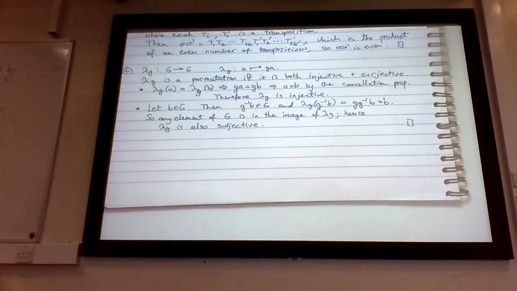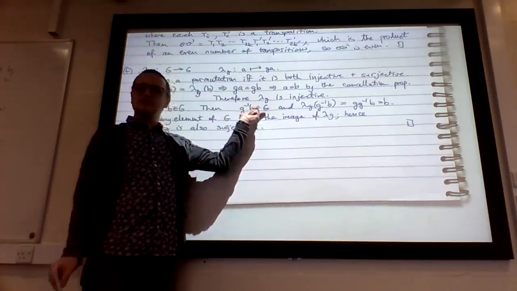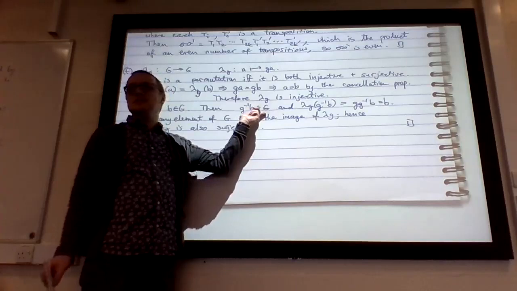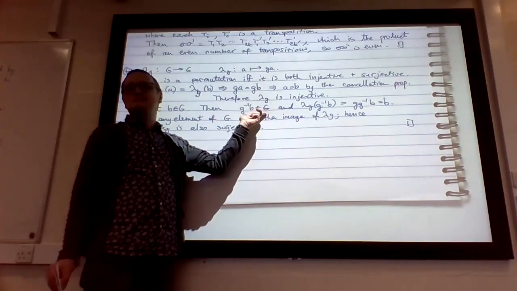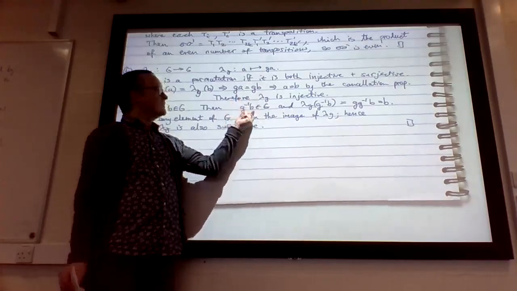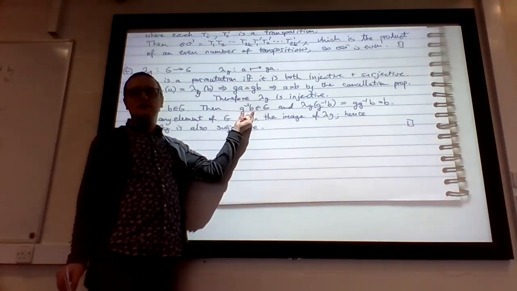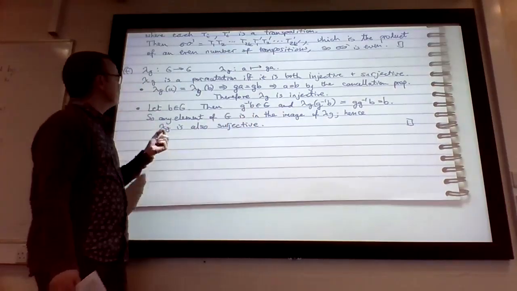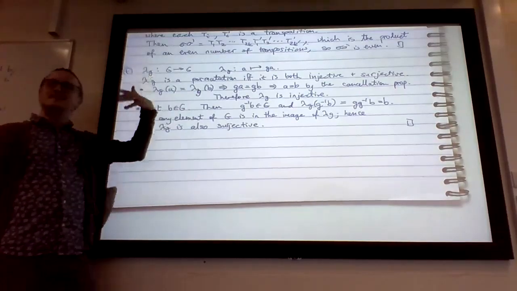So you say a belongs to G, then g inverse b belongs to G. Why is that true? Did you need more justification for that? I just don't know where to get that. Where do you get g inverse from?